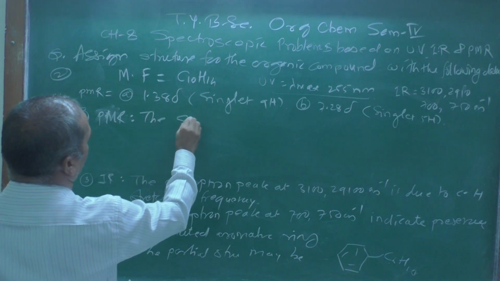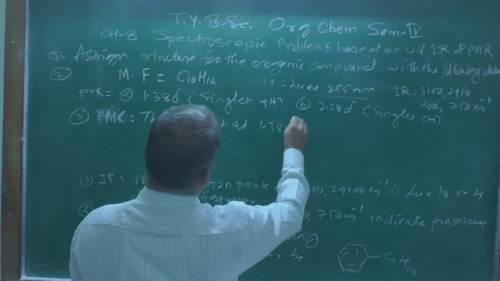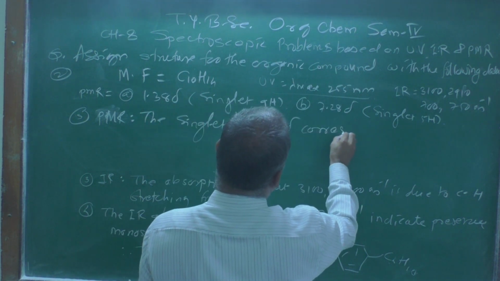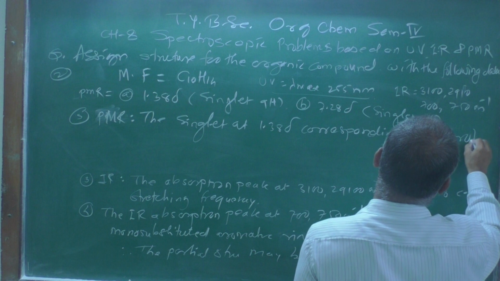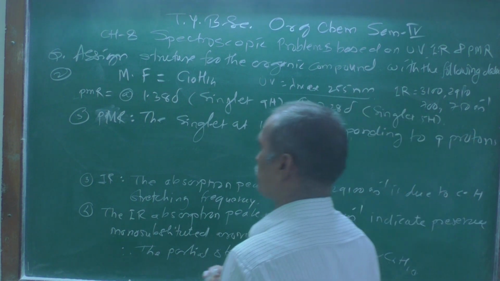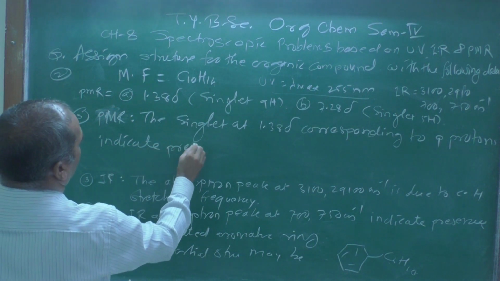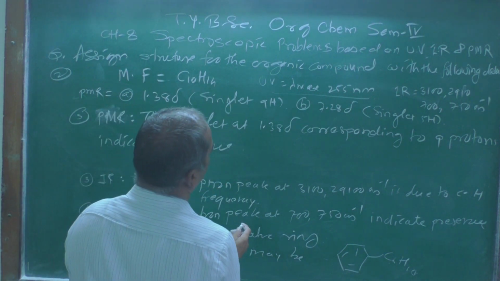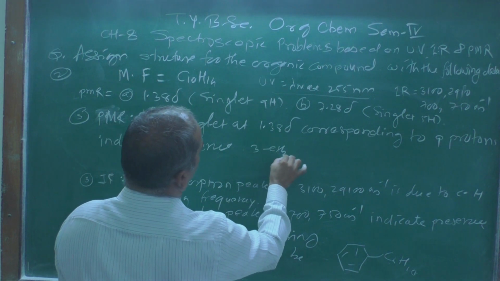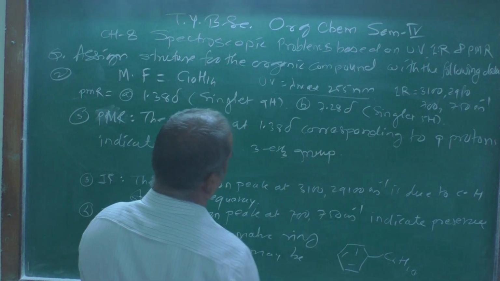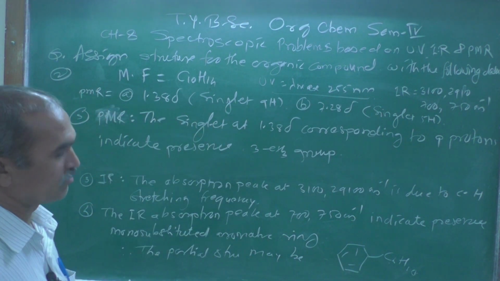The singlet at 1.38 delta corresponding to 9 protons indicates the presence of 3 CH3 groups, methyl groups are there.